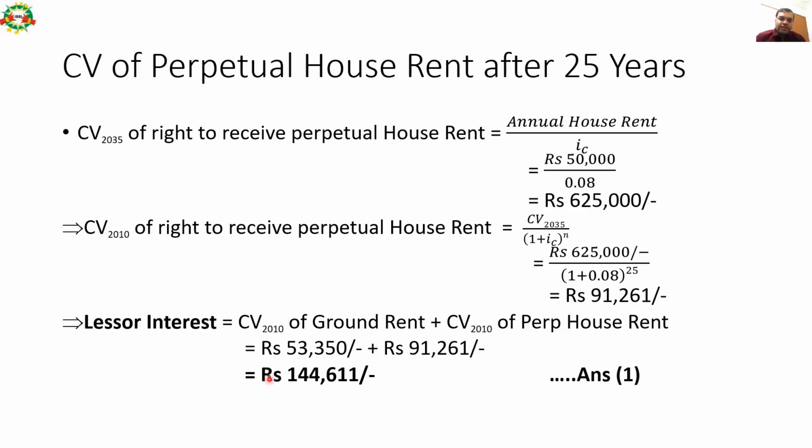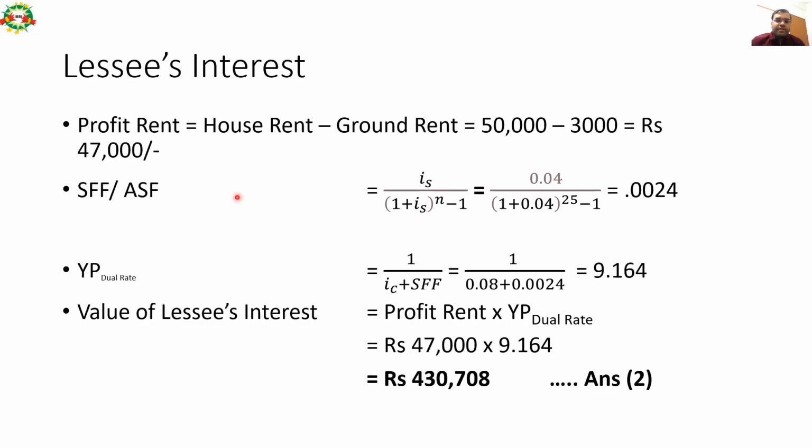So the lessor's interest is the capitalized value in 2010 of the ground rent and the capitalized value in 2010 of the perpetual house rent, which we are going to receive after expiry of the lease period of 25 years. The total value of the lessor's interest is 144,611. That is answer 1.